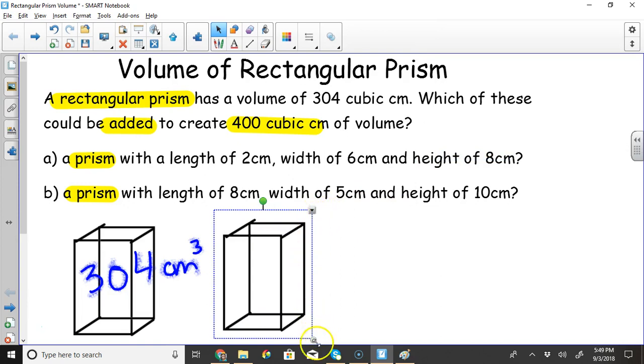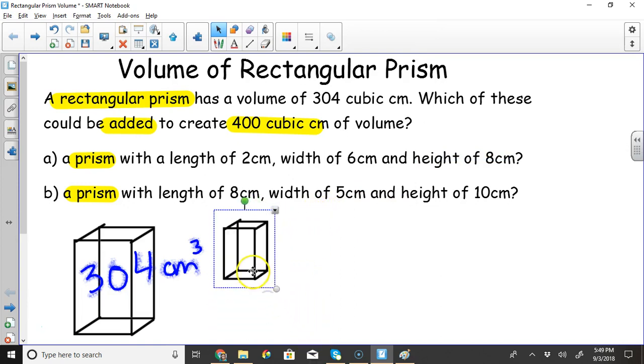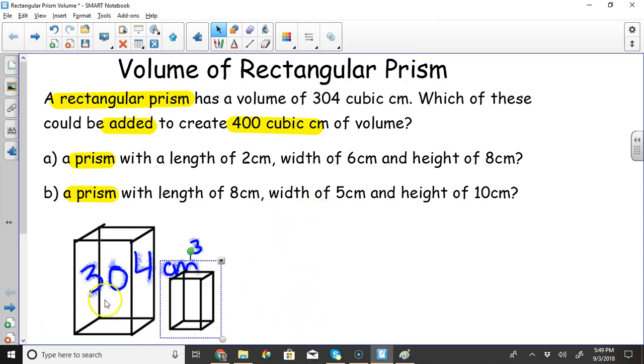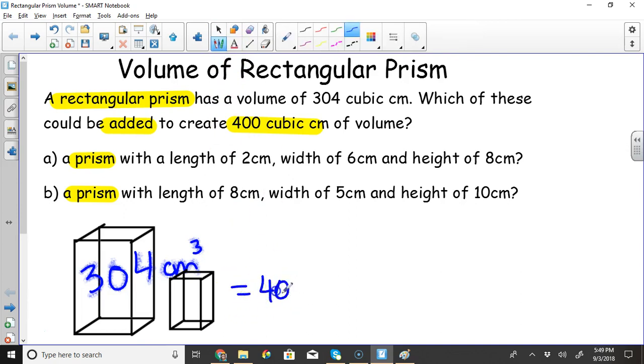So this is probably going to be quite a bit smaller, right? Think about it: 304 plus this one here has to equal a total volume of 400.